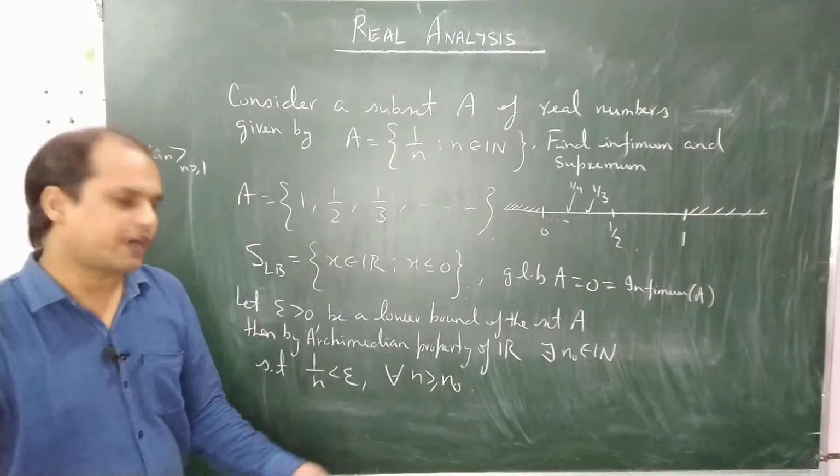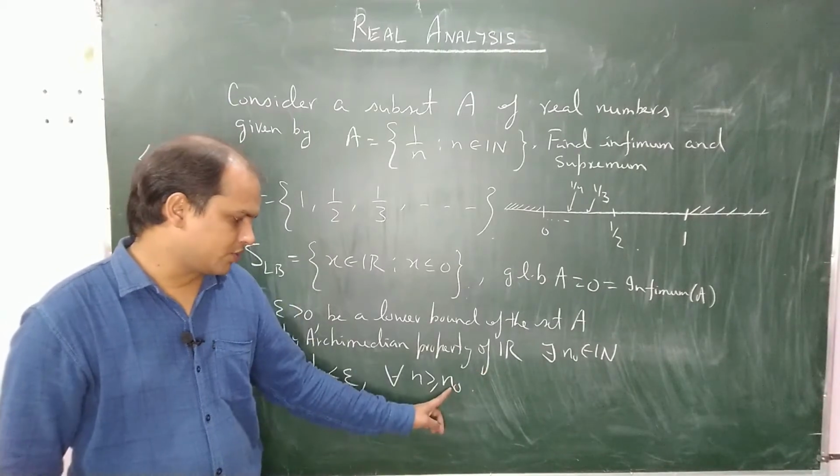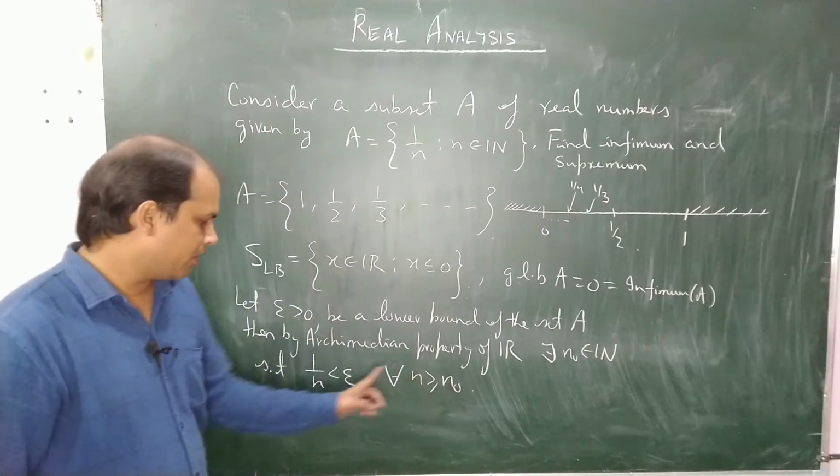One can always find at least one natural number n naught such that for all n greater than or equal to n naught, 1 by n will be less than epsilon.